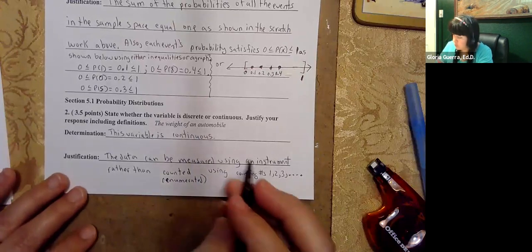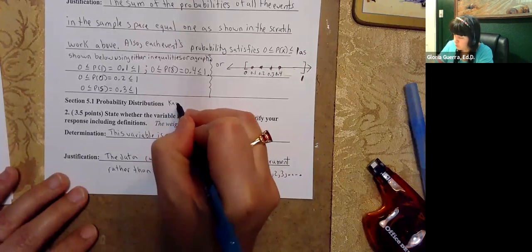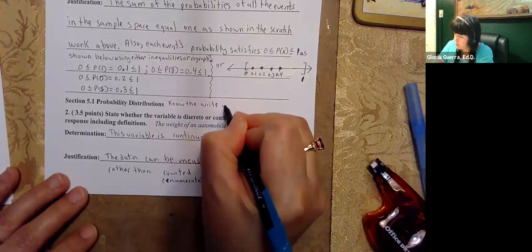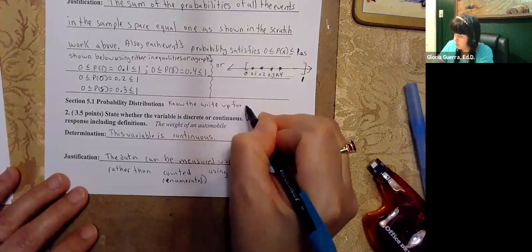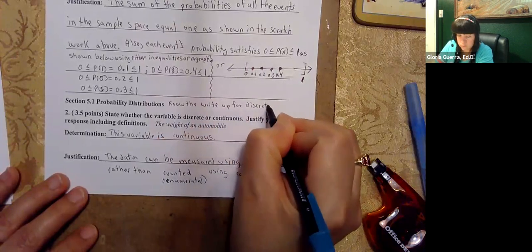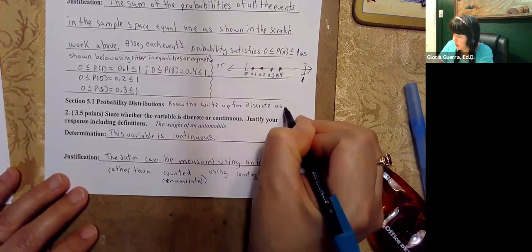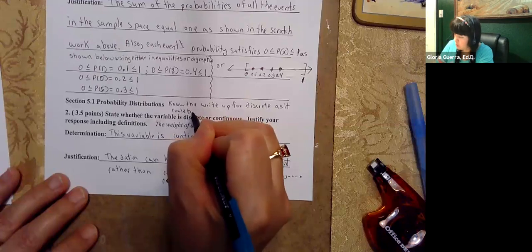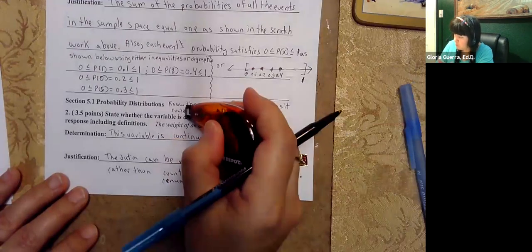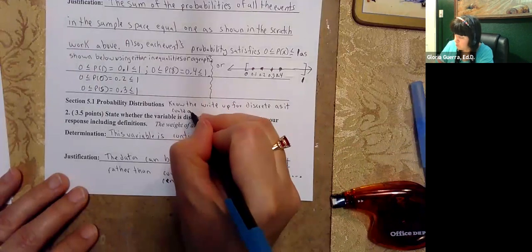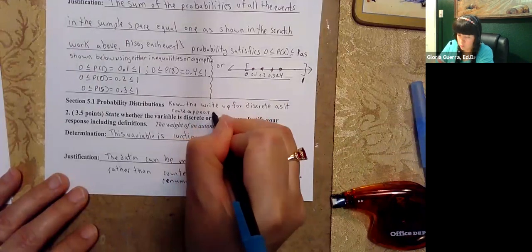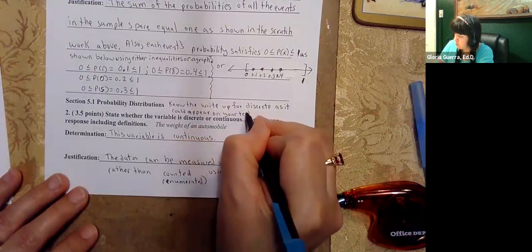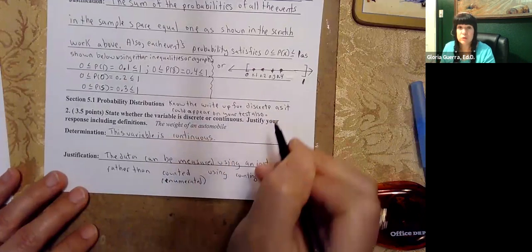So you also need to know the write-up for discrete as it could appear on your tests also. So something like that.